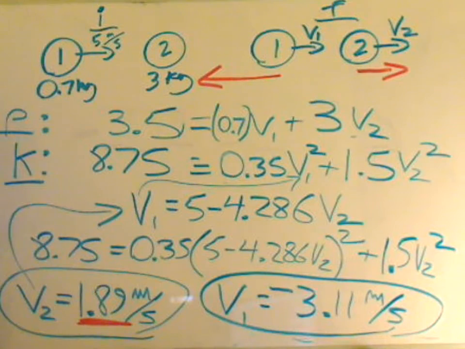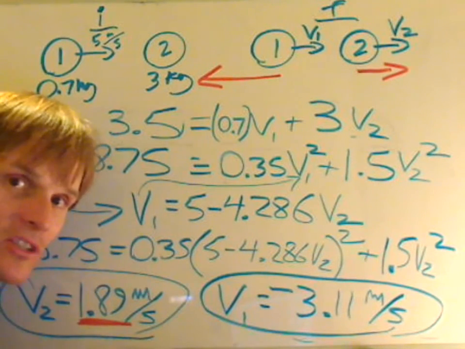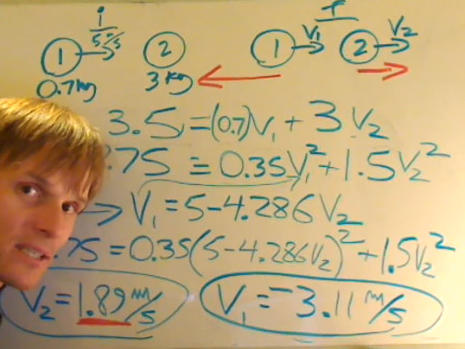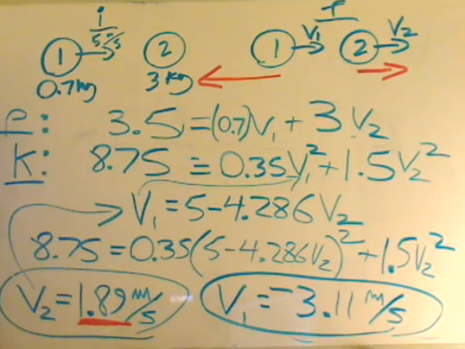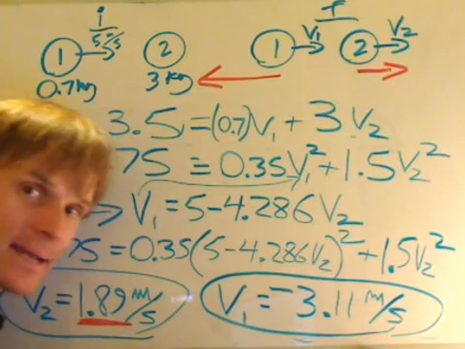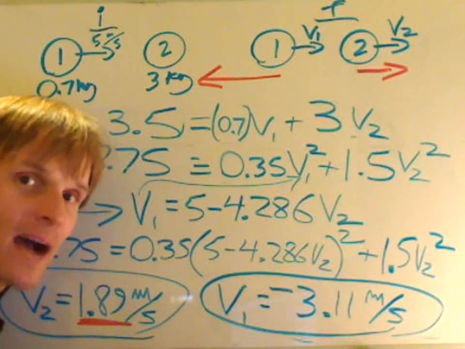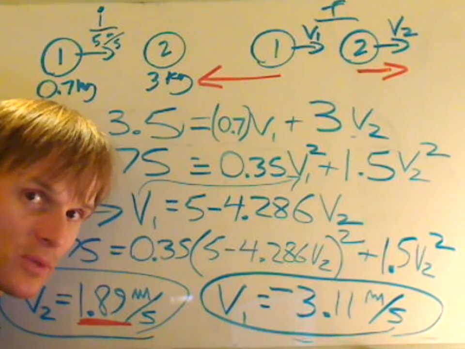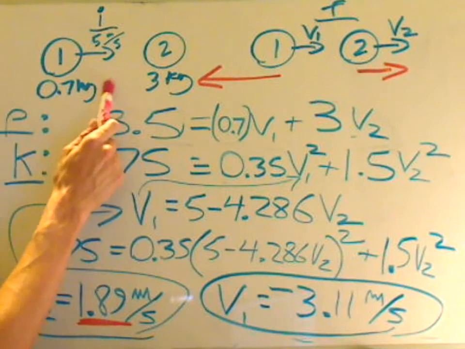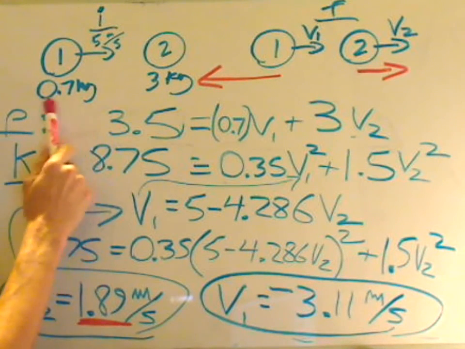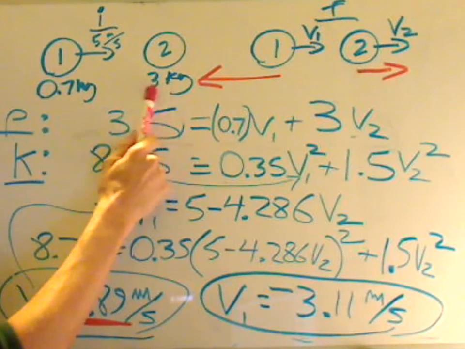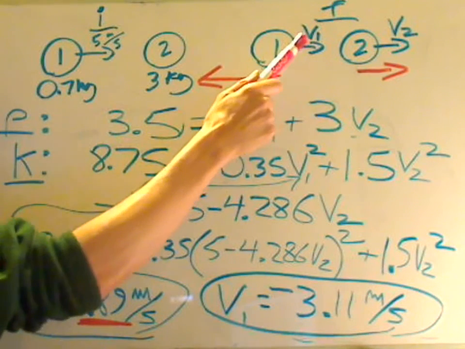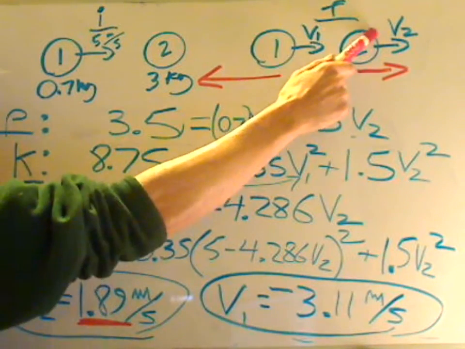These can be very algebraically messy, and I skipped a bunch of steps just to get to the answer and not clutter things too much. Fortunately, the textbook has worked this out in a general case, with equations for an arbitrary M1, arbitrary M2, and whatever V1 initial, telling you V1 final and V2 final.